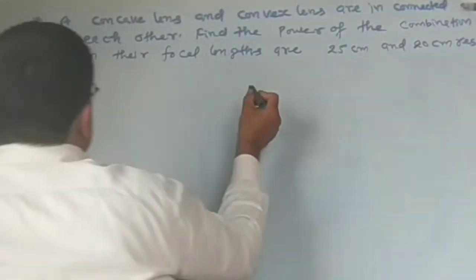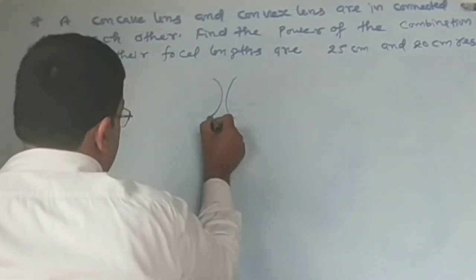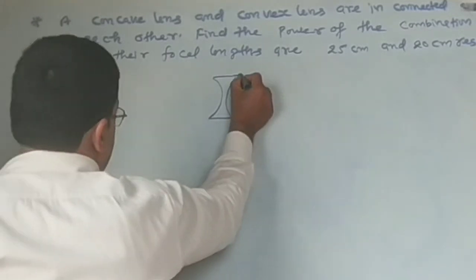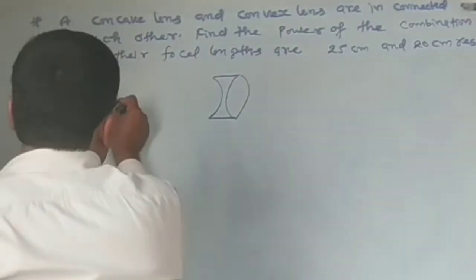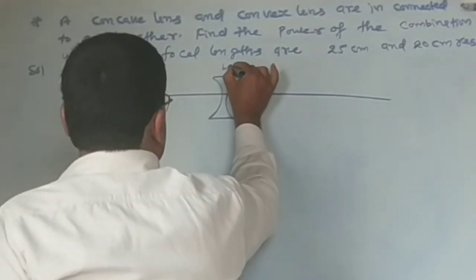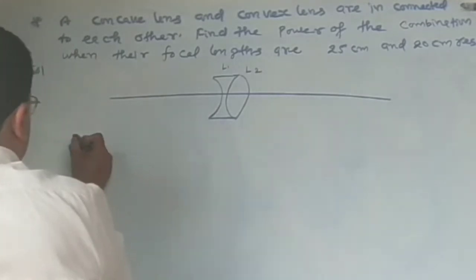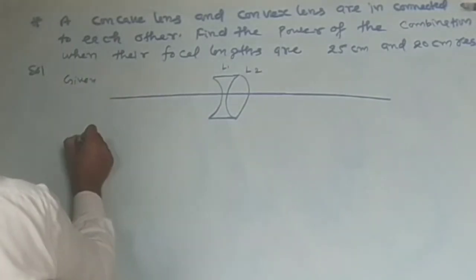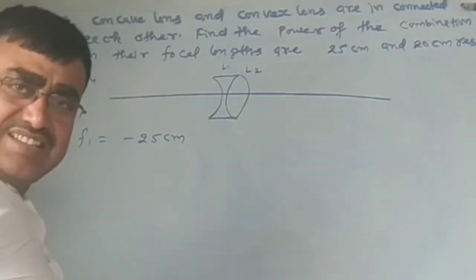Solution: suppose this is the concave lens, okay, and this is the convex lens. Both lenses are in contacted position. Okay, this is the lens L1, this is the lens L2. F1 given, F1 is equal to minus 25 centimeter.